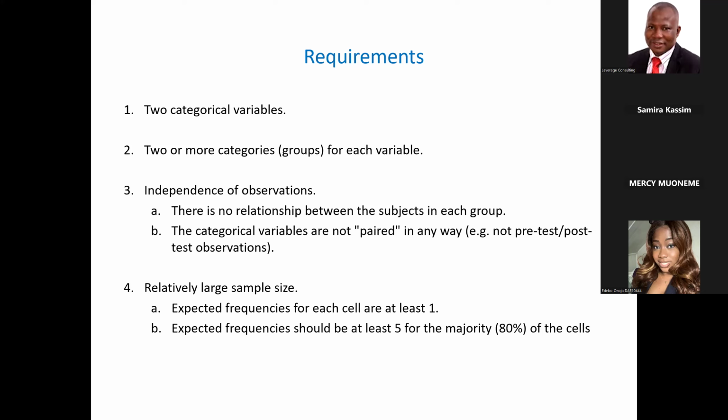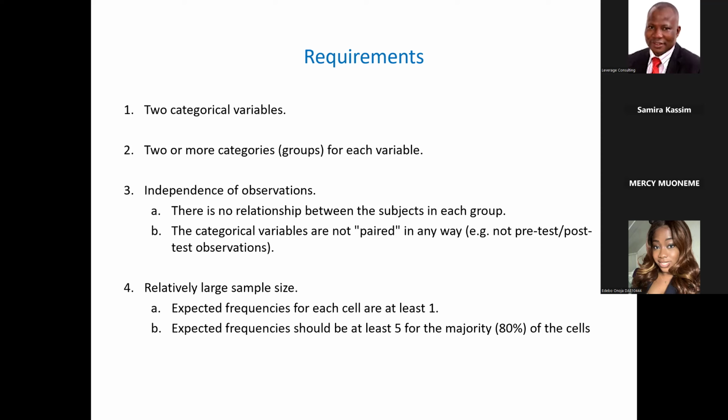Two categorical variables, and a relatively large sample size. If the categories are plenty, for example, level of education, about 4, and you want to cross it with another one, maybe socioeconomic status, about 3, you are going to have 12 cells, 4 times 3.